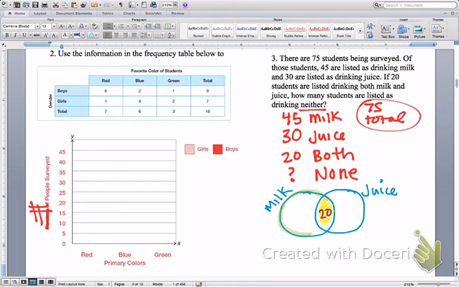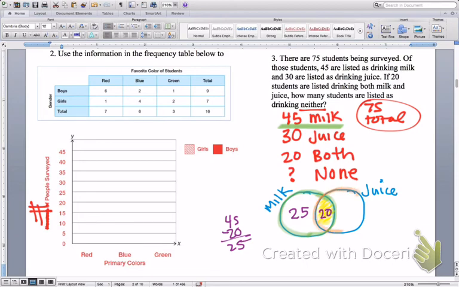This circle already includes 20 students that have the overlap. Since 20 are already counted in the milk, and we have 45 total drinking milk, I'm going to do 45 minus 20. That means there's still another 25 students to go in this section because both sections need to add up to 45.